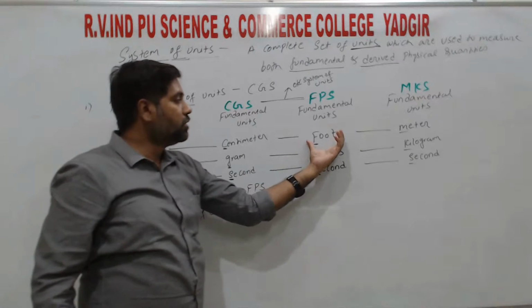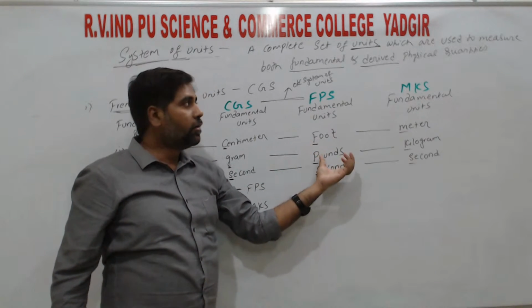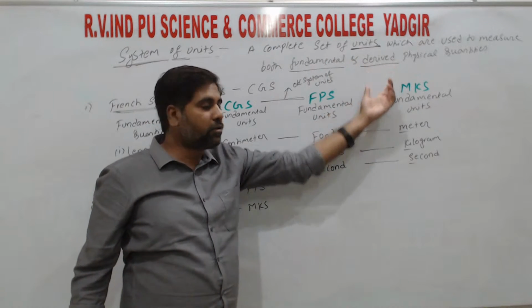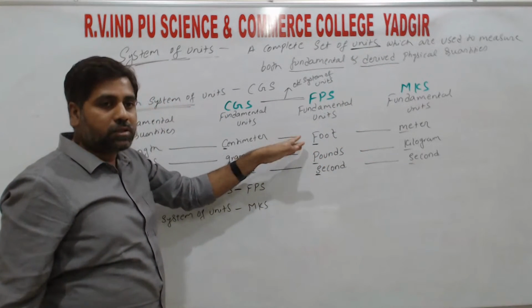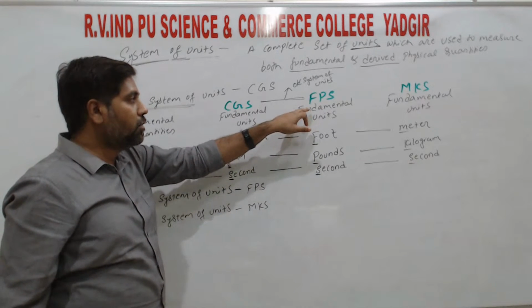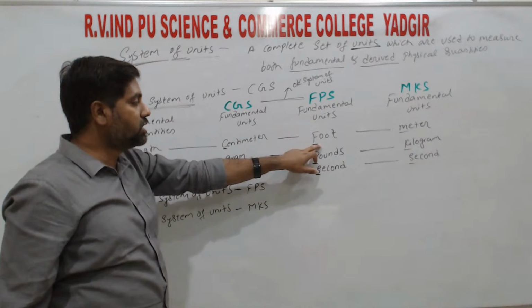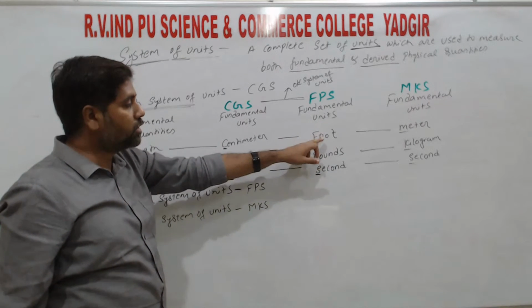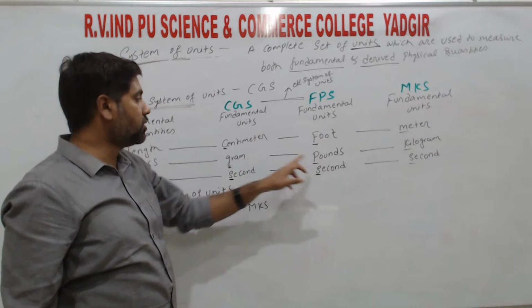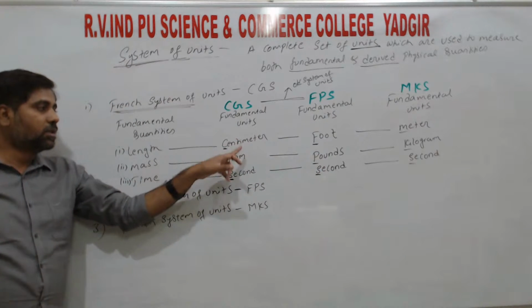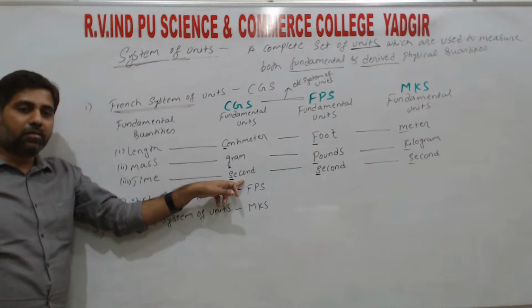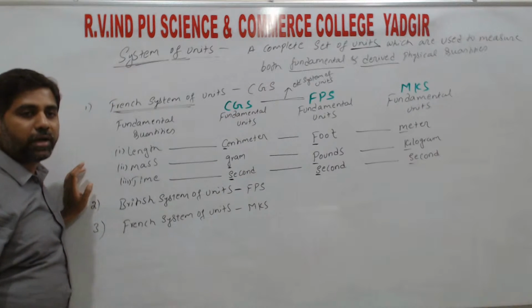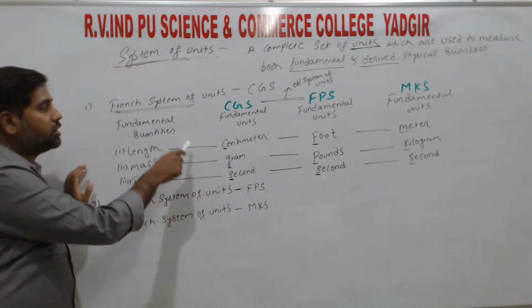By using these units we can measure the fundamental quantity along with the derived quantity, right? If we want to measure the speed of a vehicle in the FPS system, that is distance by time, that is foot per second, right? The same in the CGS system means centimeter per second, right? So that we measure the derived physical quantity. So these three are the systems of units.